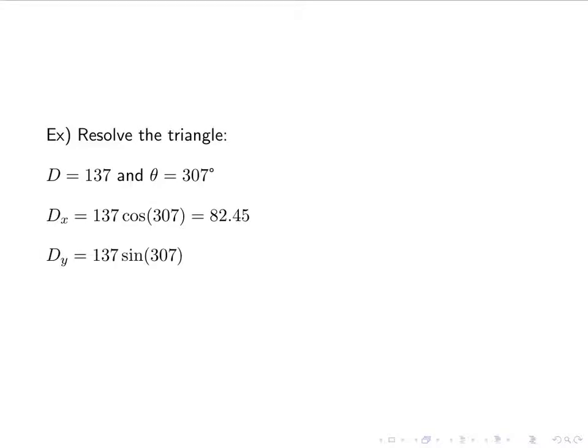So let's try one last example. D equals 137, theta is 307 degrees. So D sub x, D cosine theta, is 82.45. D sub y, D sine theta, is negative 109.41. So again, we look at where 307 degrees is.